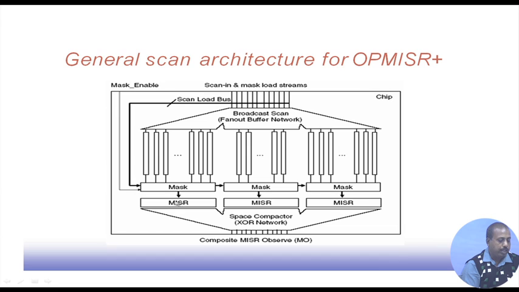So it does a space compaction and finally we get this result. Here the time compression is done first, followed by the space compression by this space compactor XOR network. So it is a composite MISR observed. That is the output part.